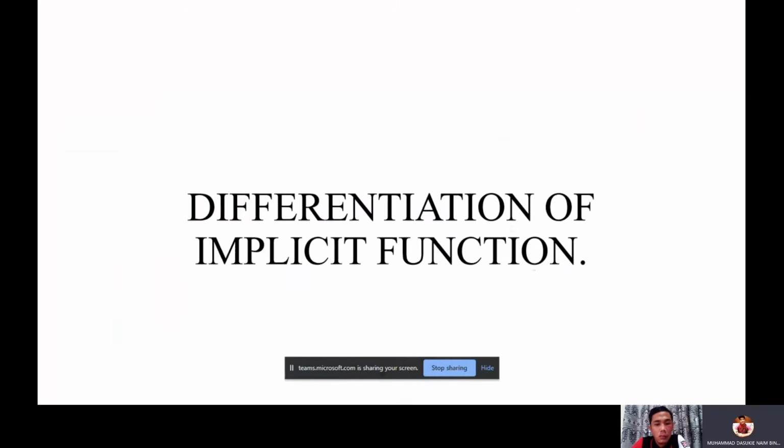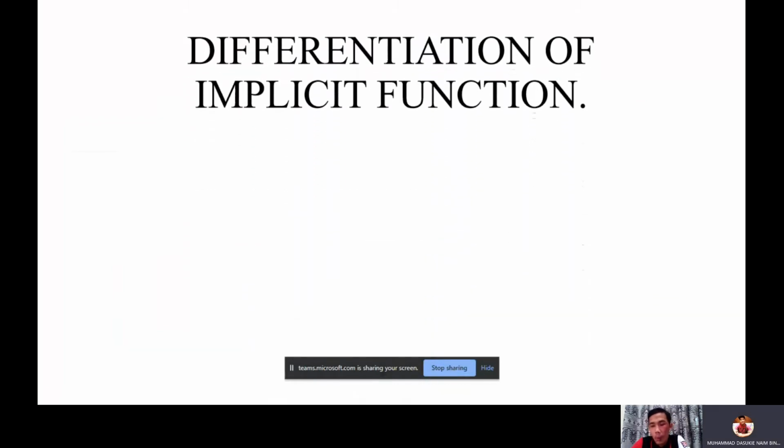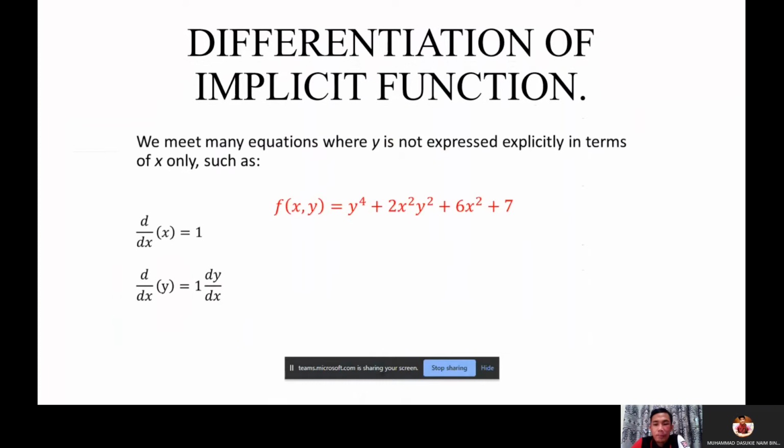Now my turn to present about the differentiation of implicit function. Okay, for example, if in our case, one variable can be written in terms of the other, for example y in terms of x or x in terms of y, these are explicit functions.